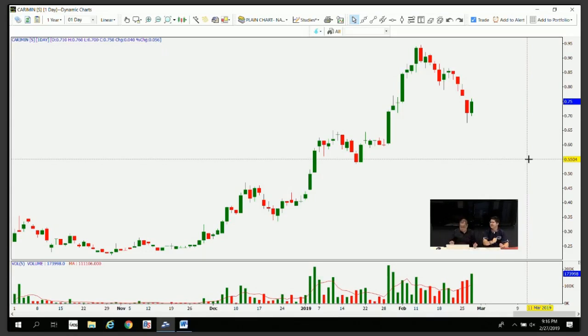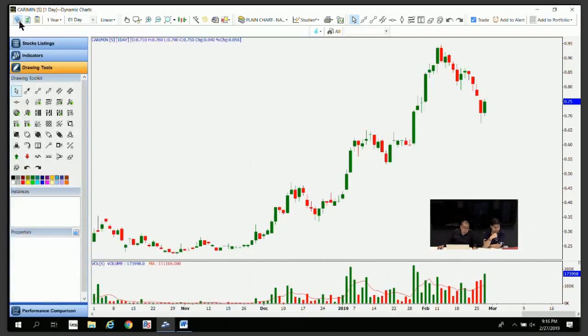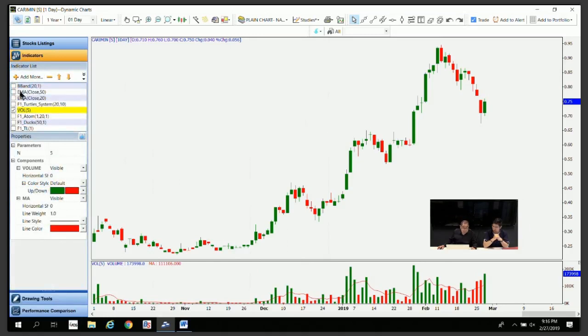So an MA. Let's draw an MA, shall we? That's the first indicator, 50 EMA. To draw an EMA, you click on the wheel gear and go to indicator. Actually, in the blank chart you don't even have all this. They're all empty already, so let me clear it.